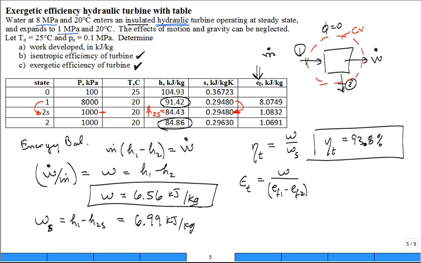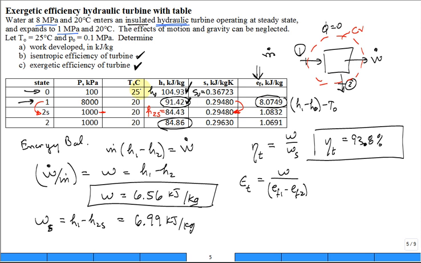And all I did for the flow exergy at state 1 was I said EF1 is equal to H1 minus H0, the dead state. Well, the first row is the dead state properties, so I had to get H0 right here and S0 right there. So H1 minus H0, so it's 91.42 minus this value for H0, minus T0.